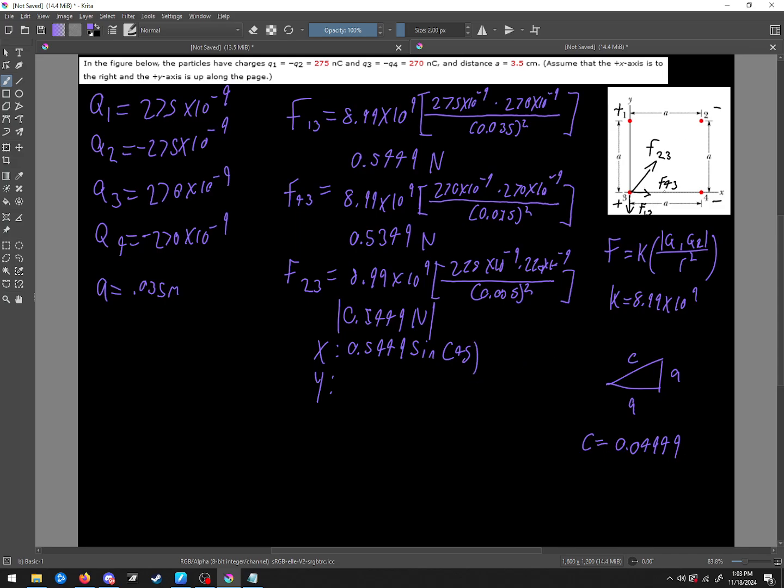This should be a 45-degree angle. Yeah? And then this should be 5449 cosine 45. That's just an easier way of doing this.